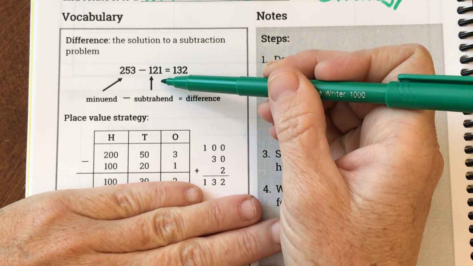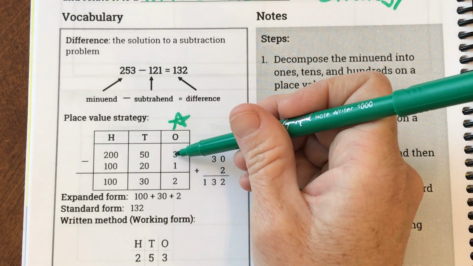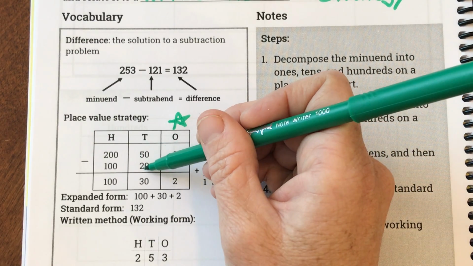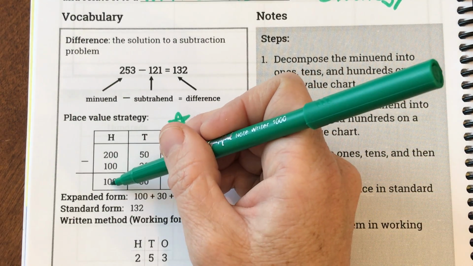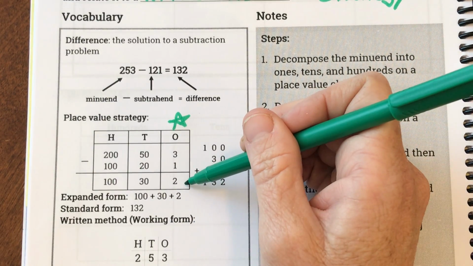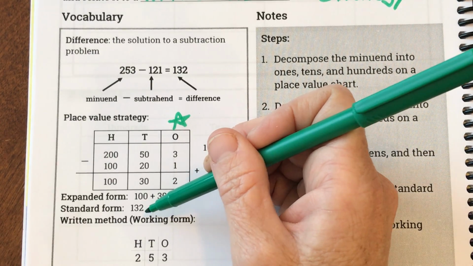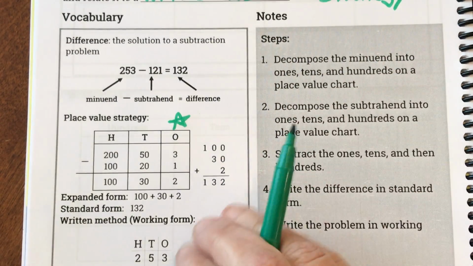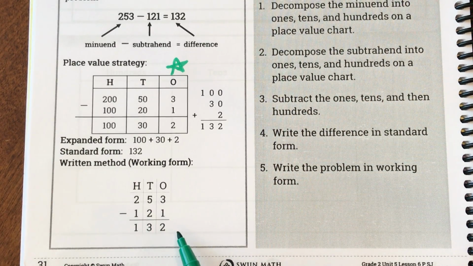Then they did, starting with the ones column, because we always start with the ones, if I had 3 and I took away 1, I'd have 2 left. 50 take away 20 is 30. 200 subtract 100 is 100. So now I have my solution or my difference in expanded form, which is 130 and 2, and then they put it in standard form. And then down here they show us an example of what it would look like in written method or working form.